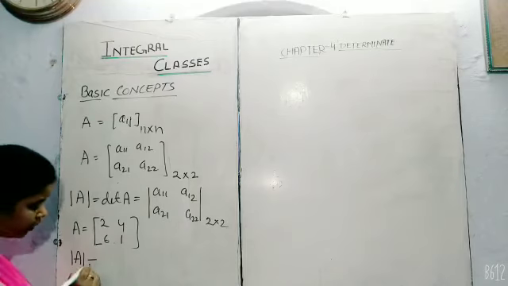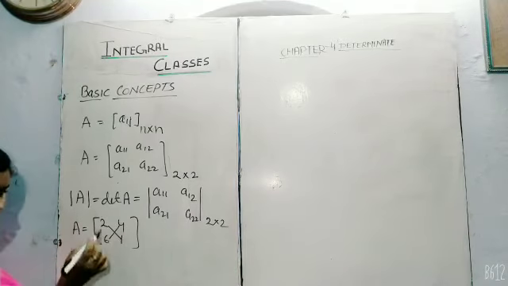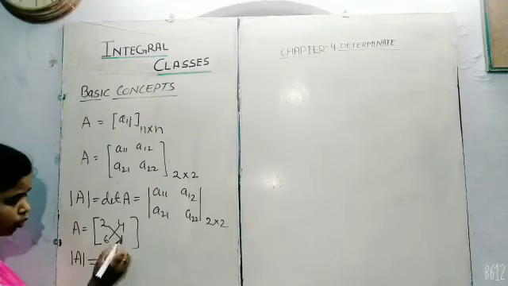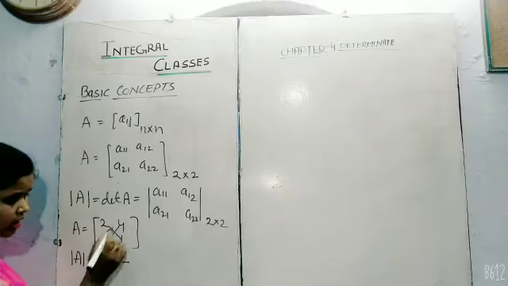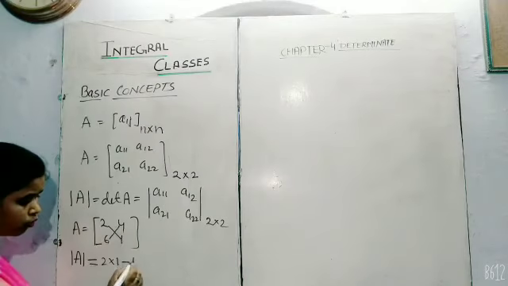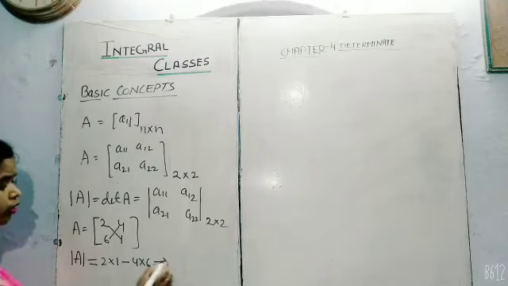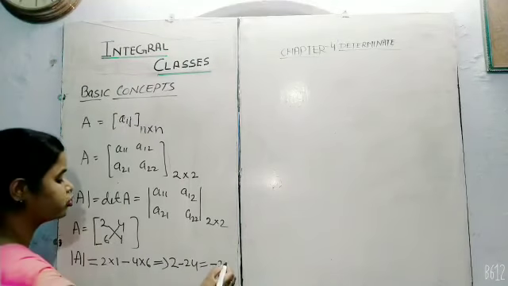For finding the determinant, we will do cross multiplication. A11 multiplied by A22, it will be 2 into 1, minus sign, A12 into A21, 4 into 6. Then what will we get? 2 minus 24, it means minus 22.